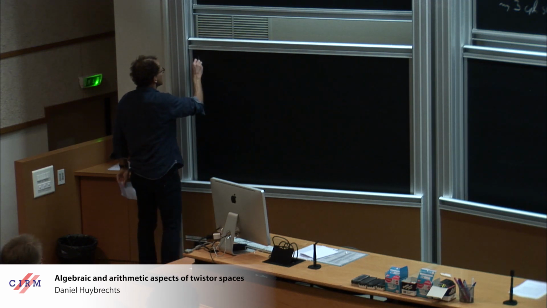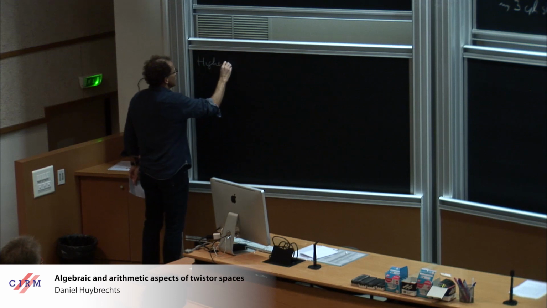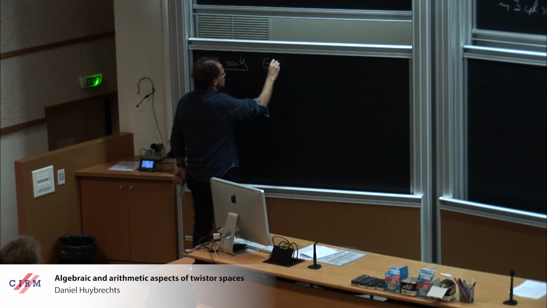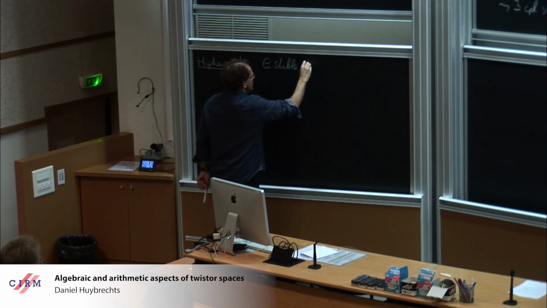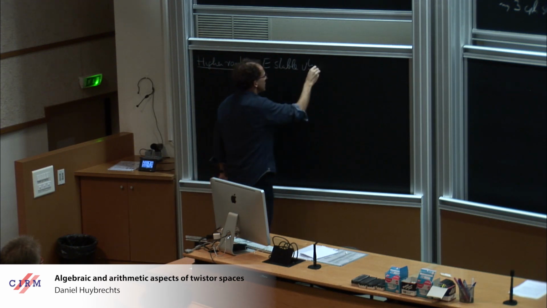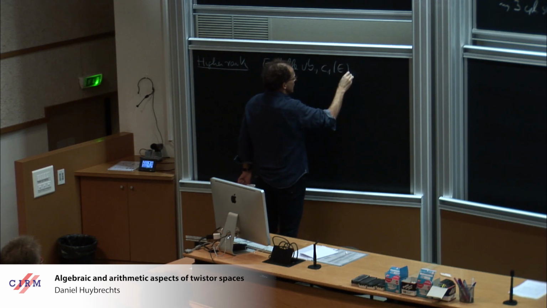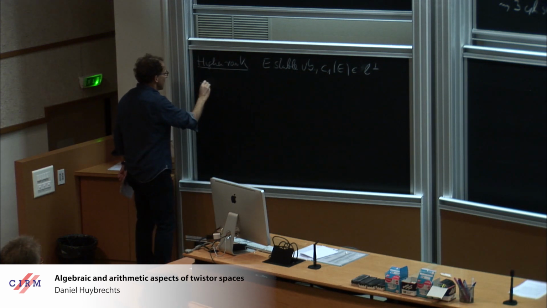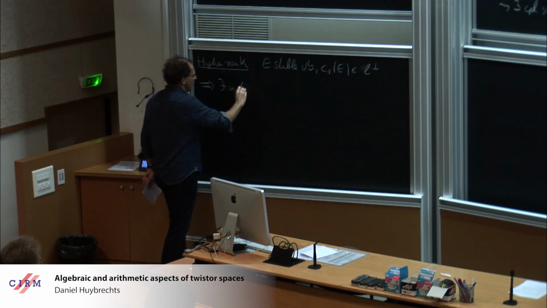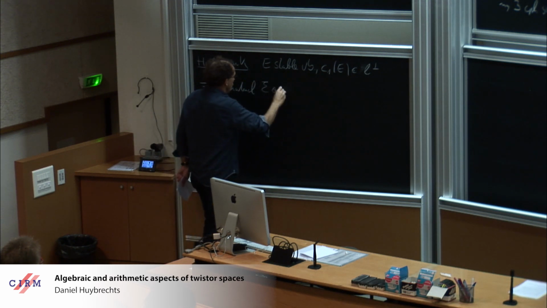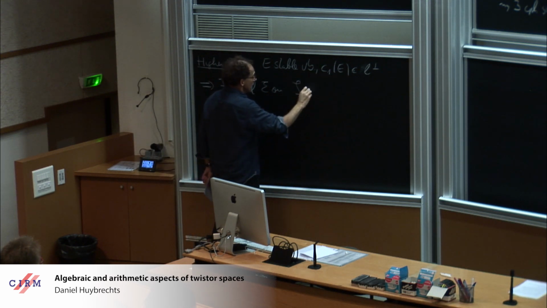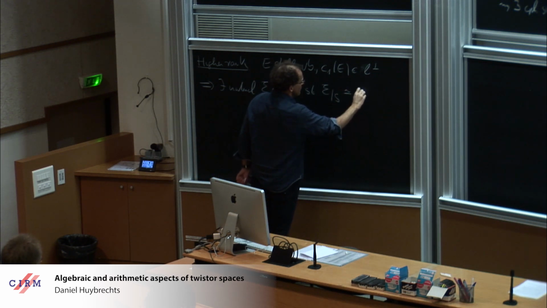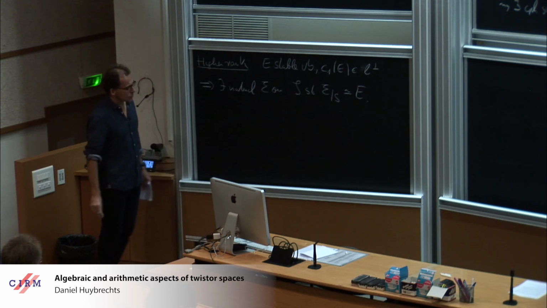More generally, maybe let me mention this quickly, because it came up yesterday, the higher rank case. If you take a stable vector bundle, and for simplicity assume that its first Chern class is actually orthogonal to L, then there exists a natural holomorphic bundle E on the twistor space, such that its restriction to the special fiber S is the bundle E. So it's really a natural construction.